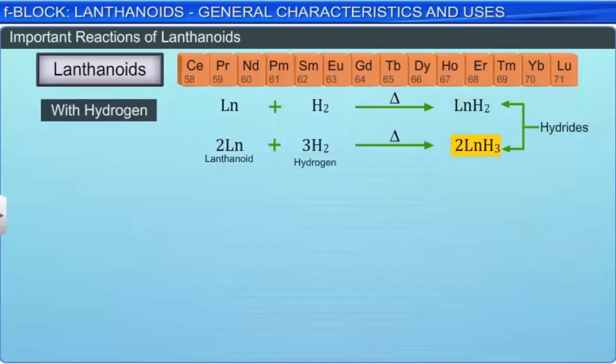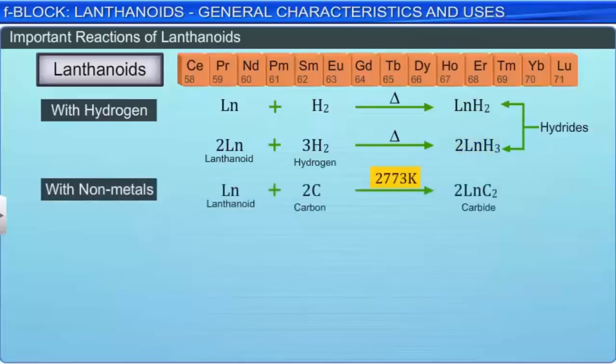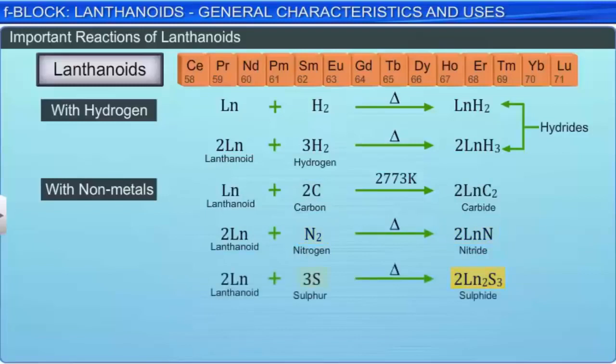On being heated, these elements combine directly with nonmetals and form carbides with carbon, nitrides with nitrogen, sulfides with sulfur, and halides with halogens. They liberate hydrogen from dilute acids.